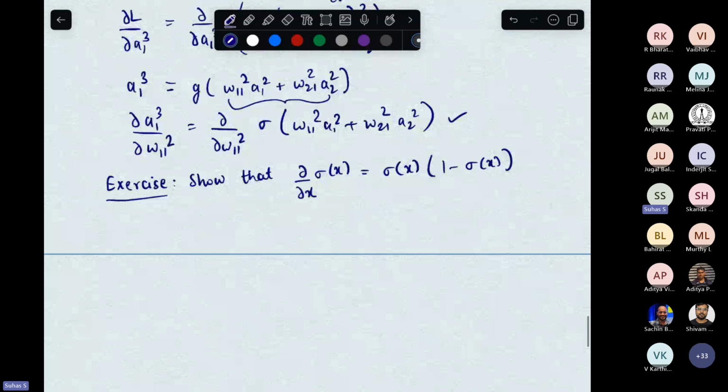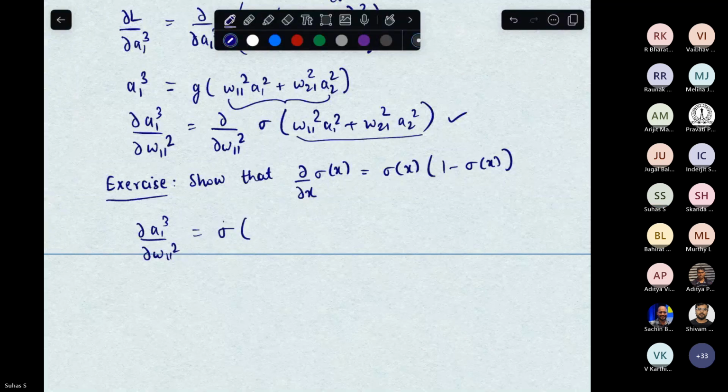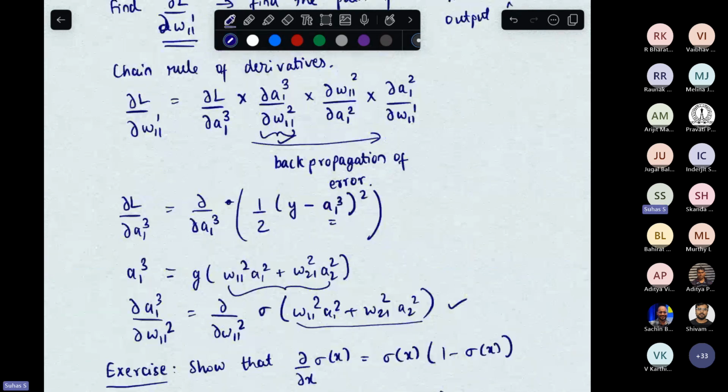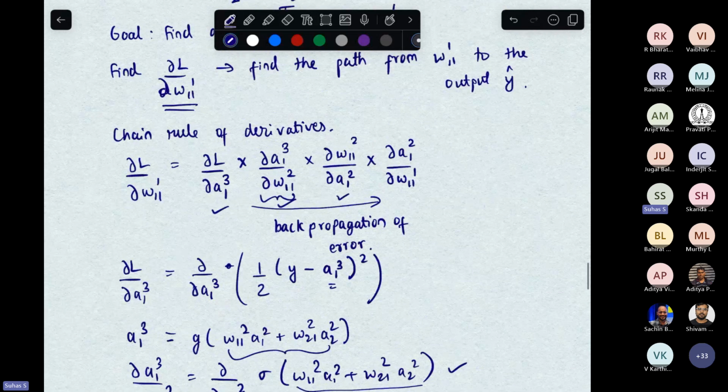So which gives us dou A13 by dou W11 of 2 is equal to sigmoid of this term into 1 minus sigmoid of that term. So we have the second term. We got the first term initially. We got the second term. Now the third term is W11.